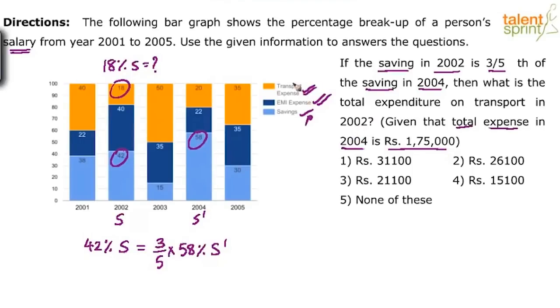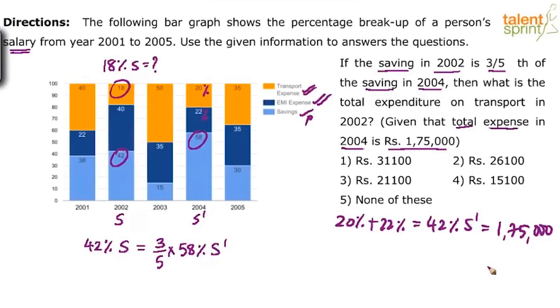It is only these two expenses: transport expense, which is 20%, and EMI expense, which is 22%. Are you able to follow? So don't take 100% of S dash equals 1,75,000. It is only 20% plus 22%, which is equal to 42%. 42% of what? S dash. 42% of S dash is equal to 1,75,000.